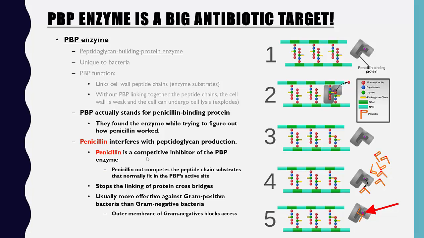Gram positives, the ones that stain purple, are more sensitive to penicillin, and are sensitive to everything. The Lysols, the disinfectant cleaners, all of that. They're much more sensitive because they don't have an outer protective layer. The gram negatives have a protective layer, and so they're tougher to kill.